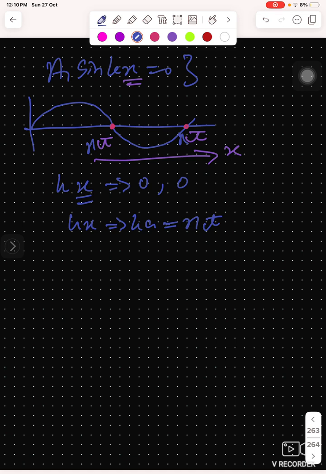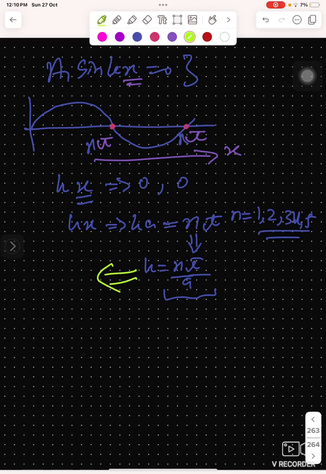So again, simplify: k would become n pi over a, right? And n here could be 1, 2, 3, 4, and so on. One more thing, n will not be 0. Why? I'll show.